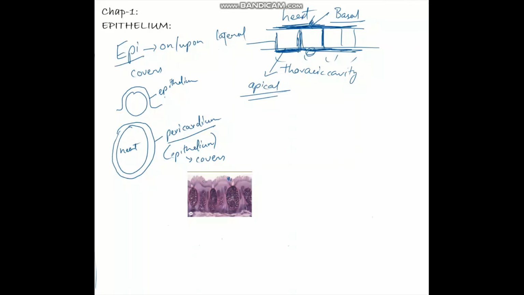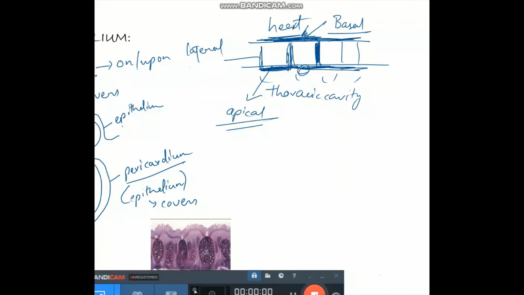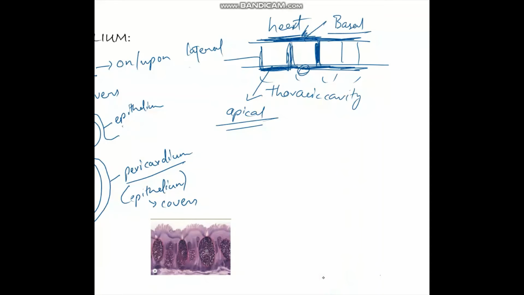And all of these faces may be modified according to the tissue that the epithelium is present on. For example, certain modifications may allow the epithelium to be better at secretion. Other modifications may allow the epithelium to be better at absorption, etc. So following this example of the covering epithelium, that is the pericardium, a good example of an absorbing epithelium would be, for example, in the intestines.